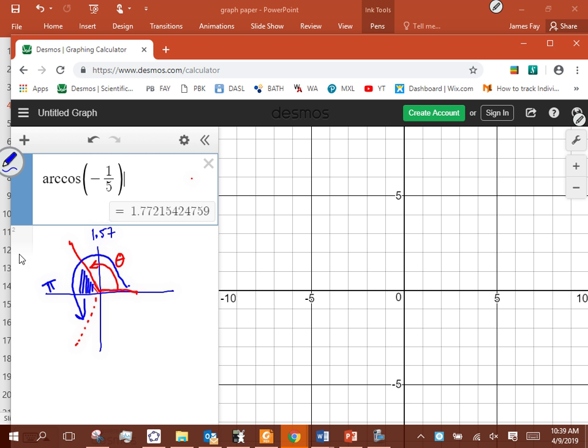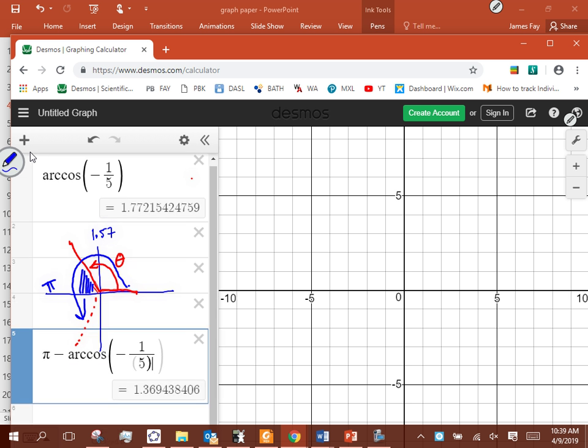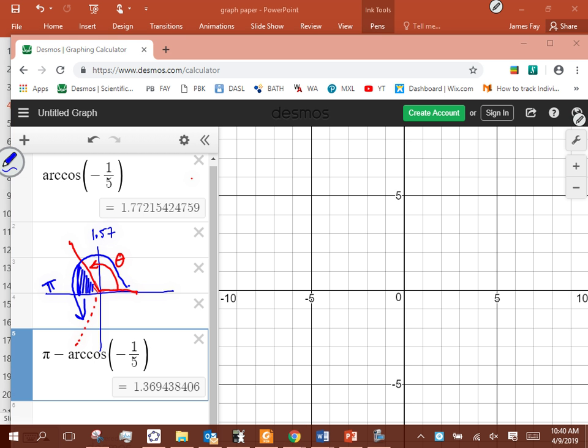Okay, so if I did that, pi minus, just so I get a positive result. I want to go in that order. Yeah, you could do either. You could do arc cosine negative 1/5 minus pi and put in an absolute value. That'd be fine. But I want this angle here to be in radians to be positive, right? Okay, so that's why I did that order.